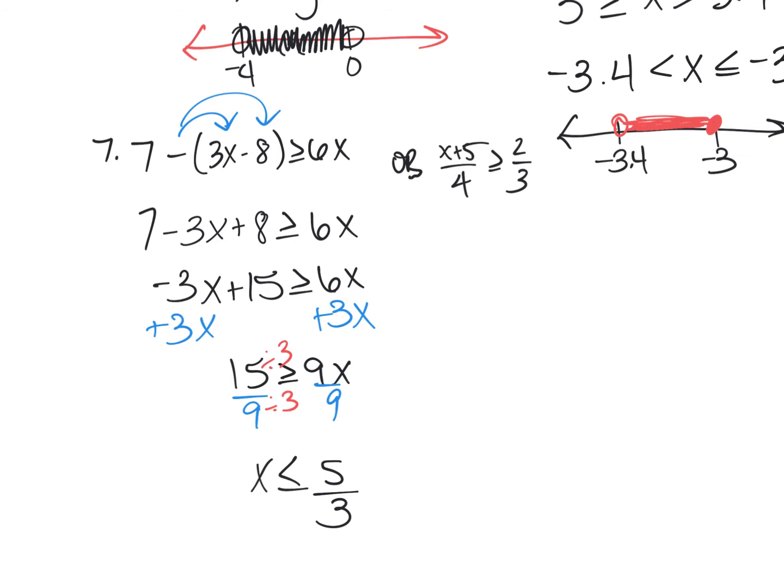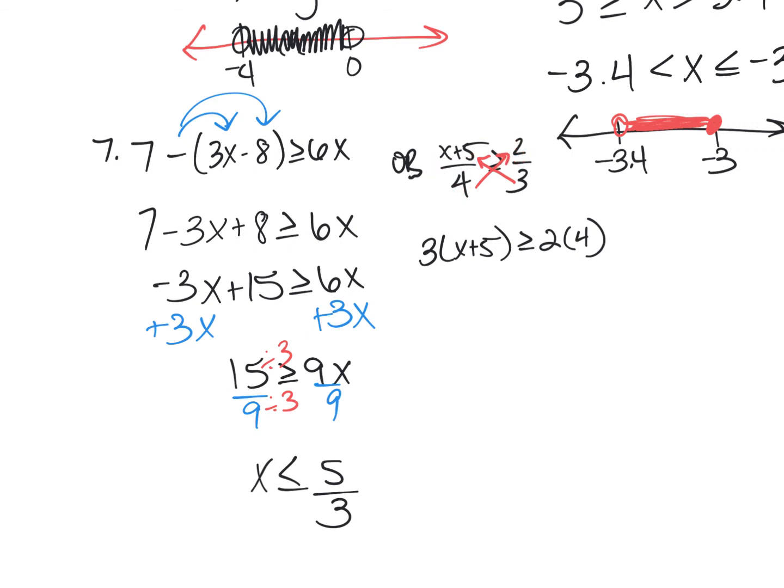The way I prefer to do it is to use cross multiplication because this is like a proportion. Two fractions with an equality symbol between them, I can multiply both sides by the denominator. So here I have 3 times x plus 5 is greater than or equal to 2 times the 4. Now all my fractions are gone. We multiplied 3 times the x plus 5, and we multiplied the 4 times the 2.